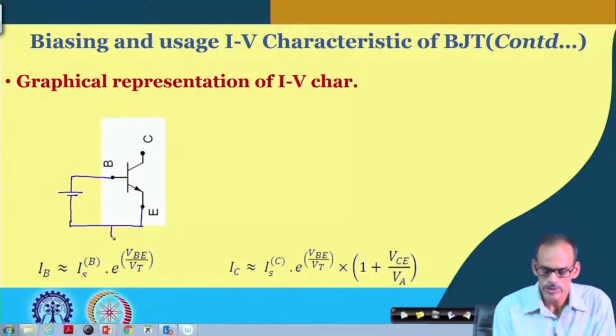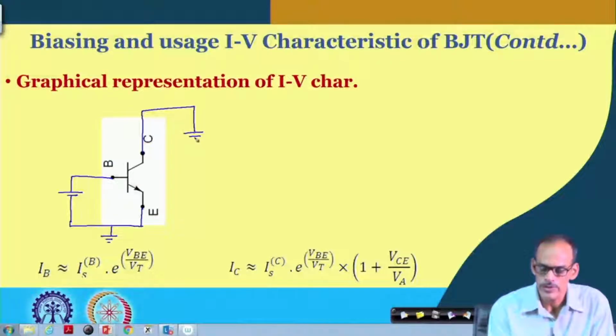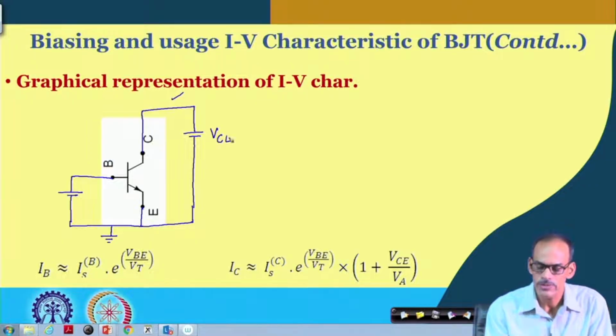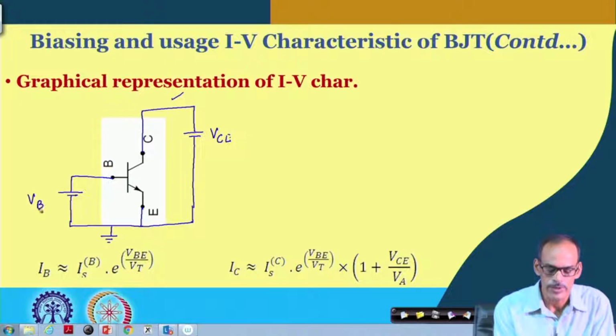So, we may assume that the lowest potential of the circuit is connected to this emitter terminal, or at least that the emitter should be at lower potential than the base. On the other hand, the collector terminal we like to keep at higher potential. So, we simply reoriented the device for our convenience. We call this VCE, this VBE, this the base current, this the collector current, and this the emitter current.